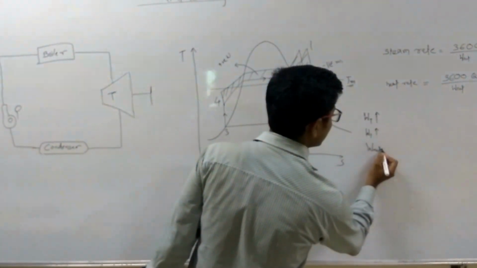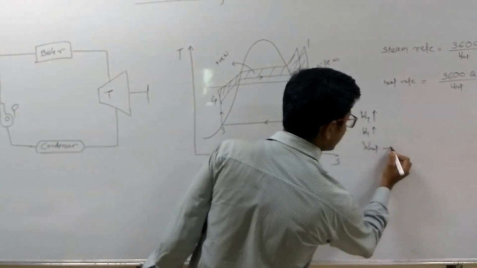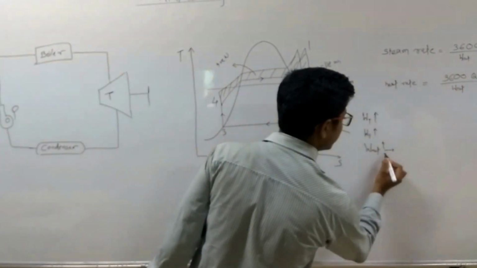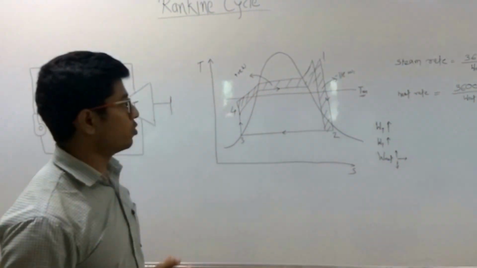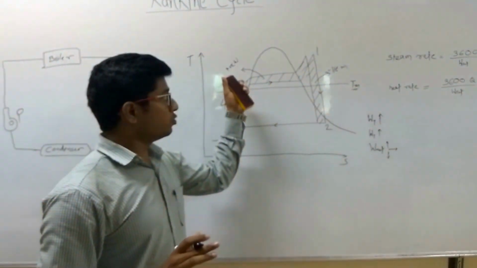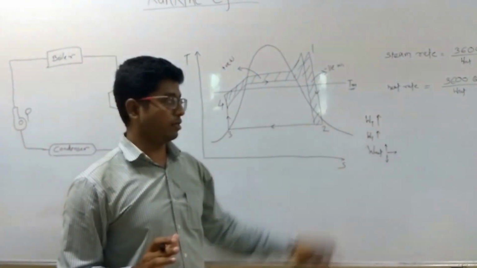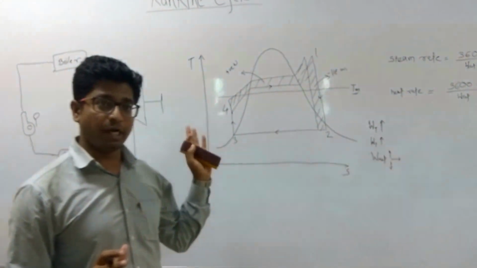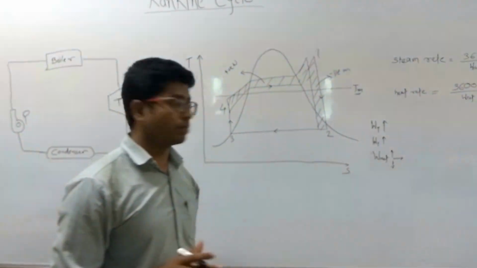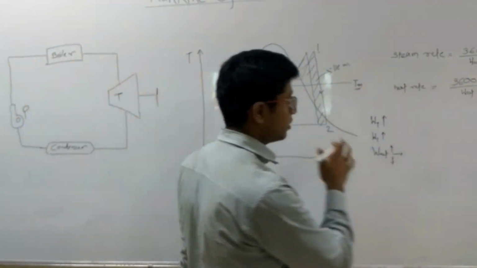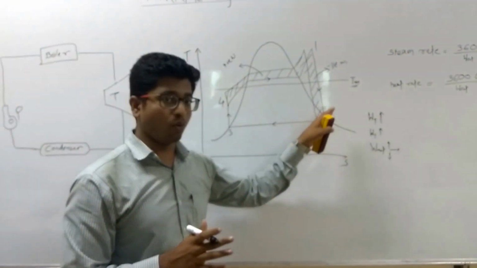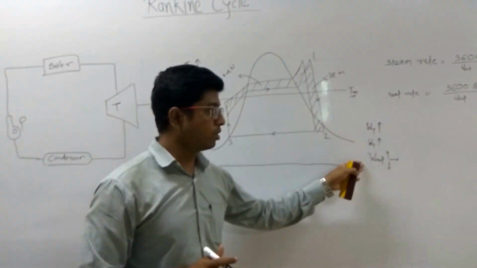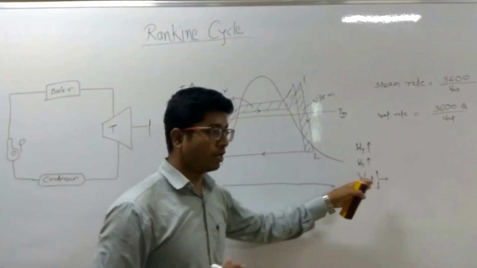W net may remain constant, may increase or may decrease. It depends upon the positive shaded area and negative shaded area. If the positive work is greater than the negative work, then W net will increase. If the positive work is exactly equal to the negative work, then W net will remain constant.